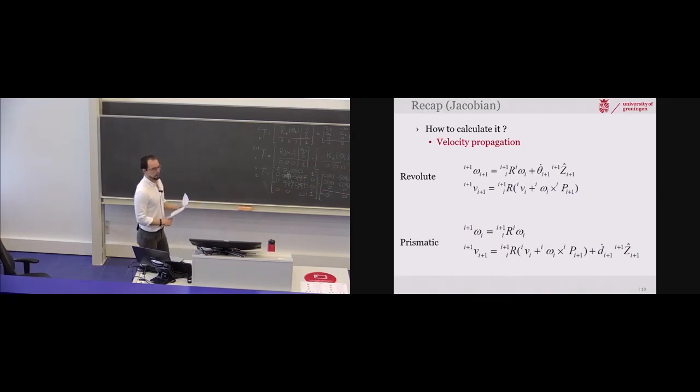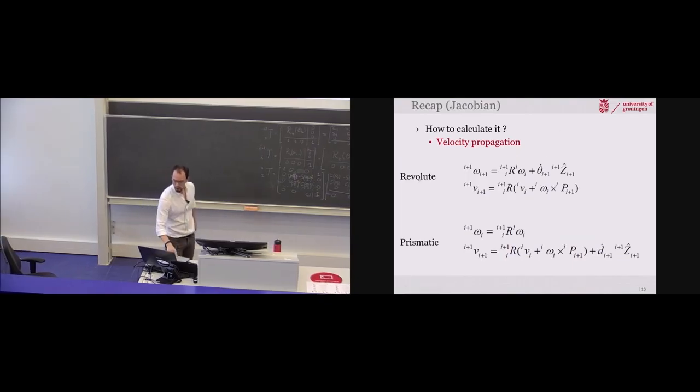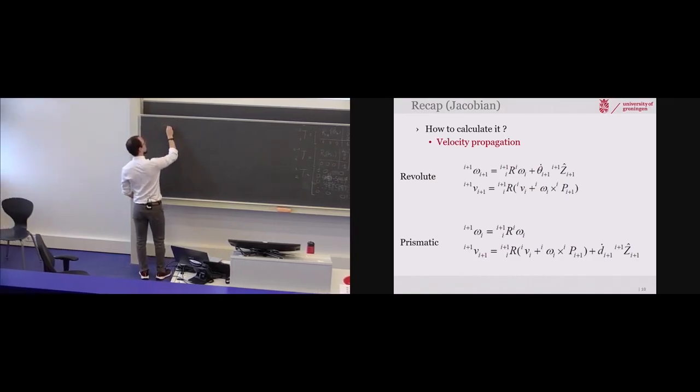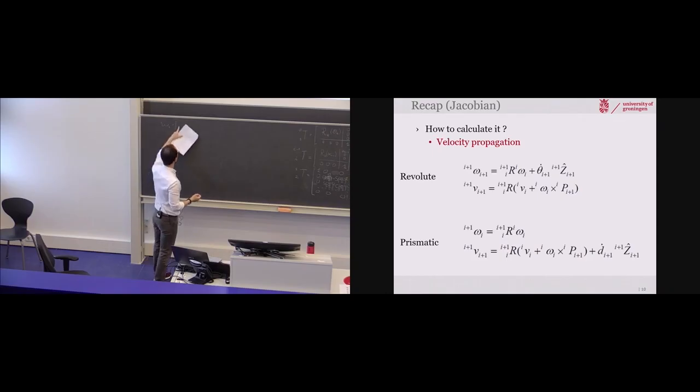So, keeping a look on this relation over here, okay, for the first two revolute joints, let's try to write down omega 1 expressed in frame 1. So, omega 1 expressed in frame 1 is equal just to 0, 0, theta 1 dot. Why?